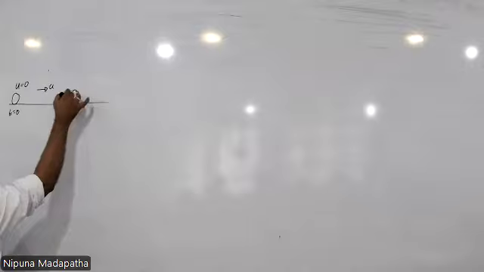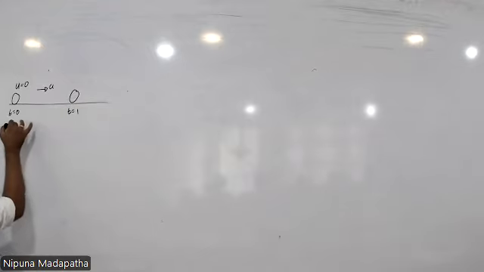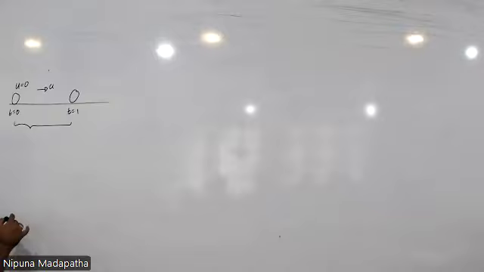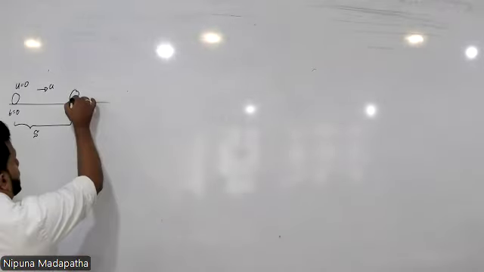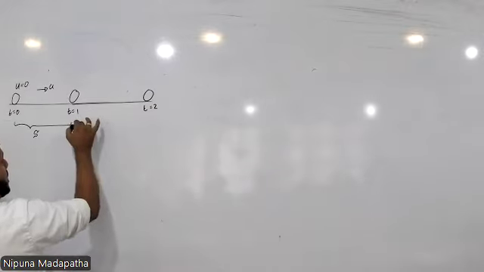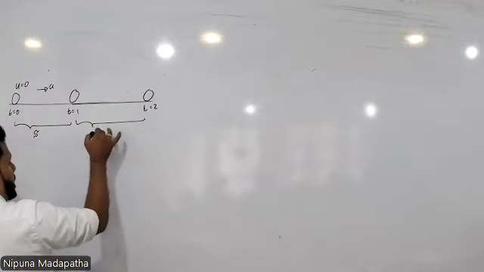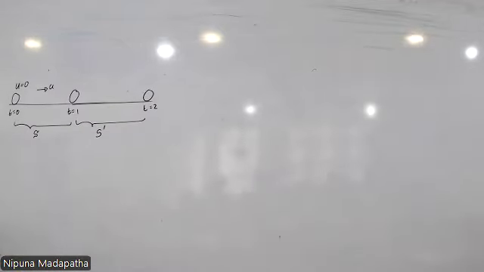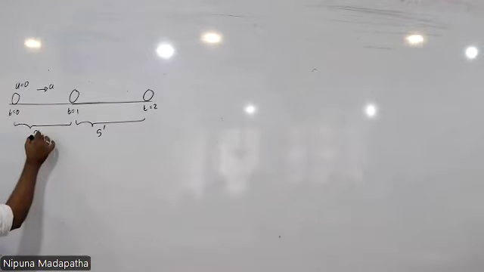During its first second, it has traveled 20 meters. So, instead of 20 meters, I will take a distance of simply s. It has traveled s in the first second. Then the question asks, what is the distance covered in its second second? So suppose the distance is s dash. The question asks about this s dash.